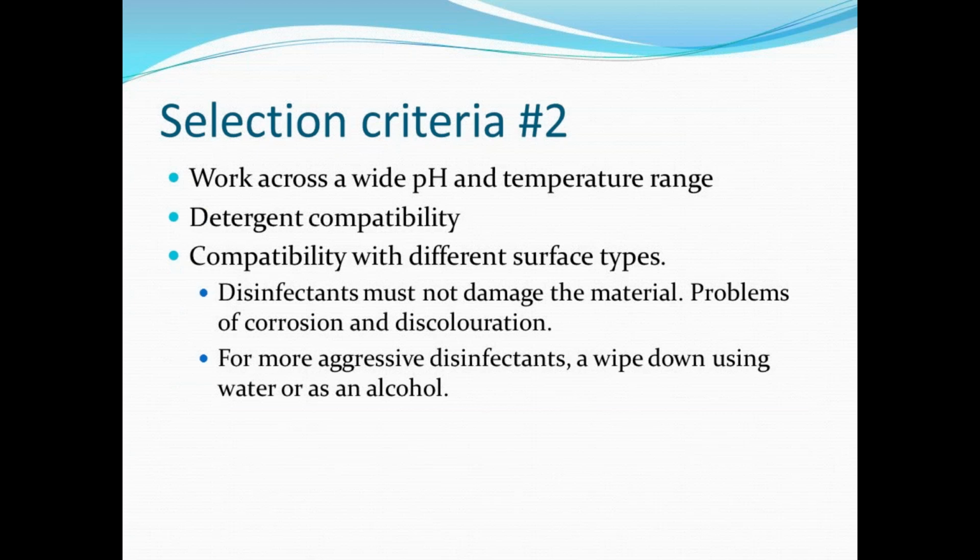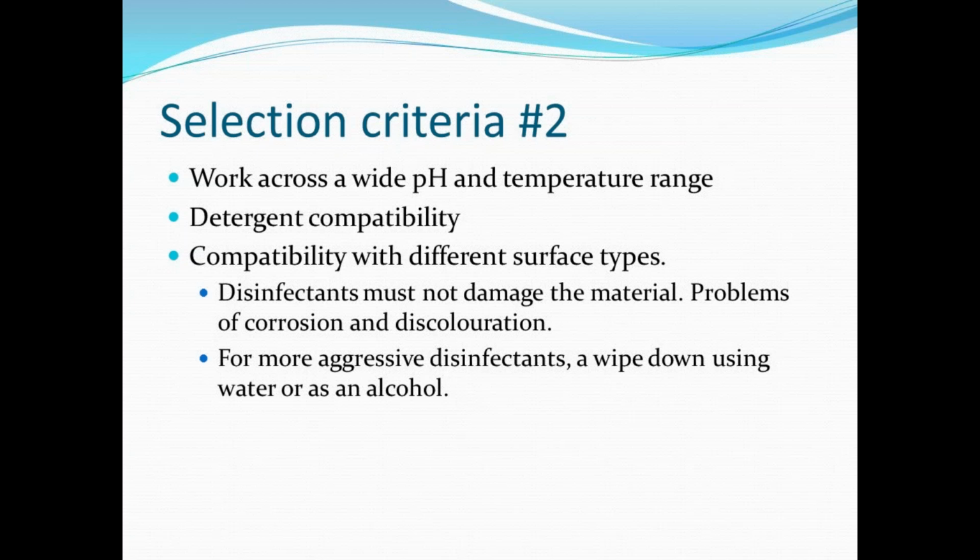Ideally, we also want the disinfectant to work across a wide pH and temperature range. We don't want any detergent residues to inactivate it. Ideally, we don't want disinfectants to damage the material to which they've been applied, so risks can arise, particularly with the use of sporicides, of corrosion and discoloration.